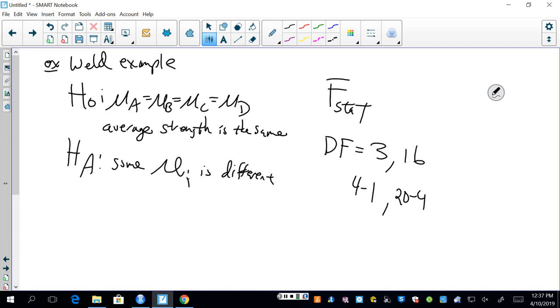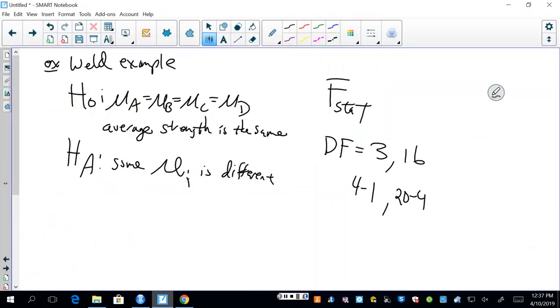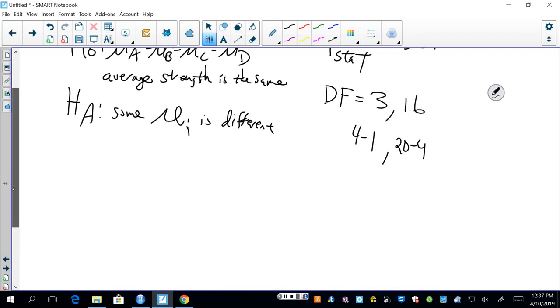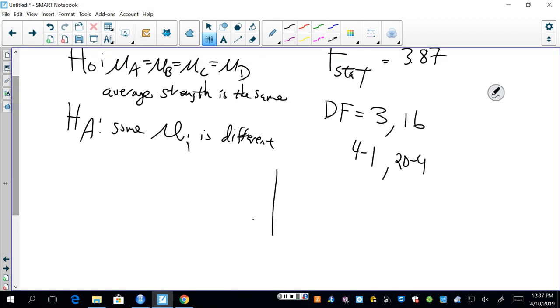The statistic that this calculates is 3.87. And so the p-value is calculating the probability. We're at that F distribution.